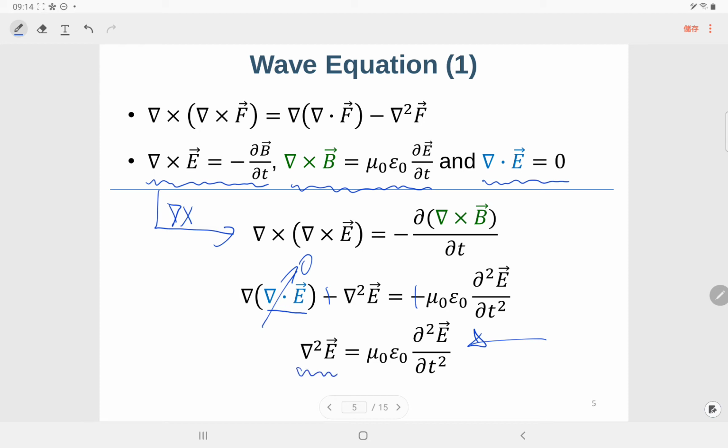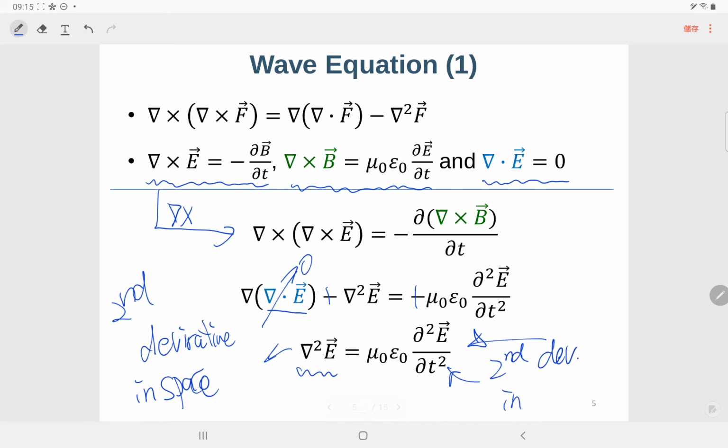So it is nothing but the Laplacian of E, which is the second derivative in space, and then this is the second derivative in the time domain. And here is a constant, and actually this is 1 over c squared.